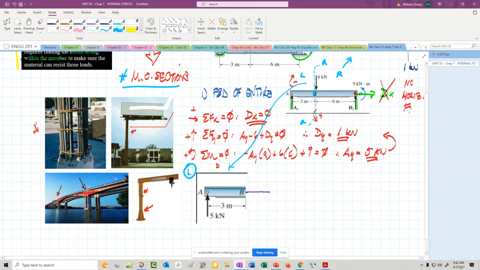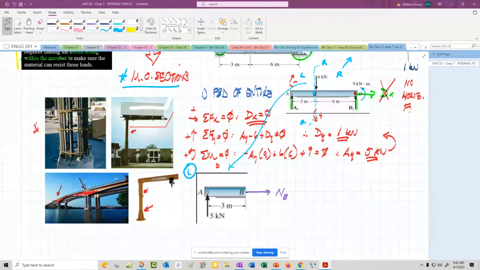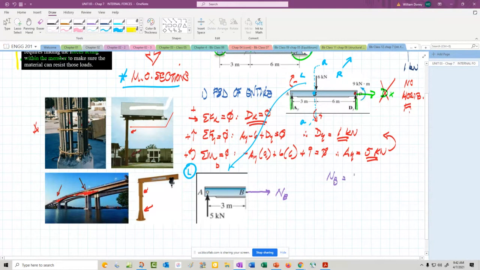First, there's going to be a normal force, and we call that N, and we can call that NB. That force component N is normal, or perpendicular, to the beam.